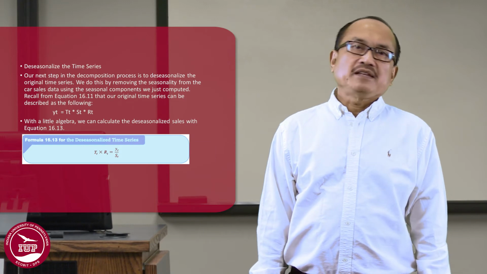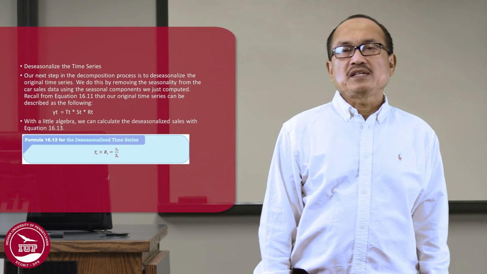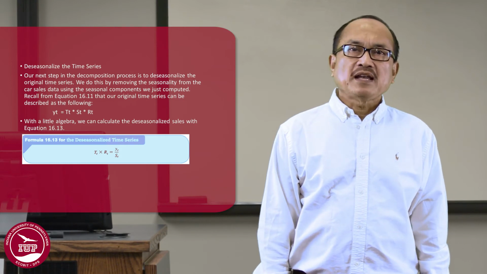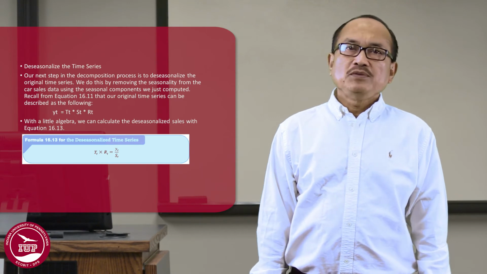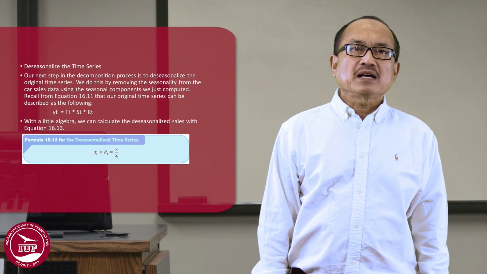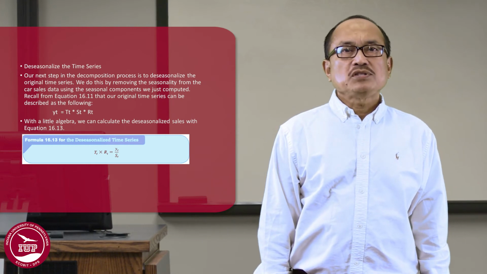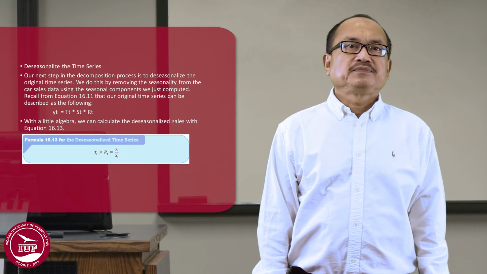Deseasonalize the time series. Our next step in the decomposition process is to deseasonalize the original time series. We do this by removing the seasonality from the car sales data using the seasonal components we just computed.